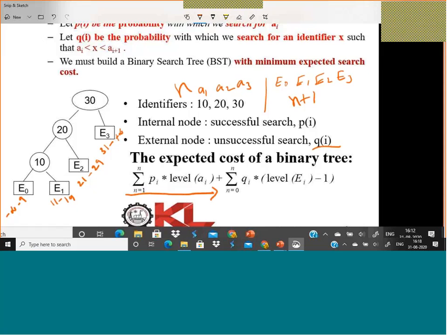Suppose you take 10, it is at level 3. So this is level 1, this is level 2, level 3.